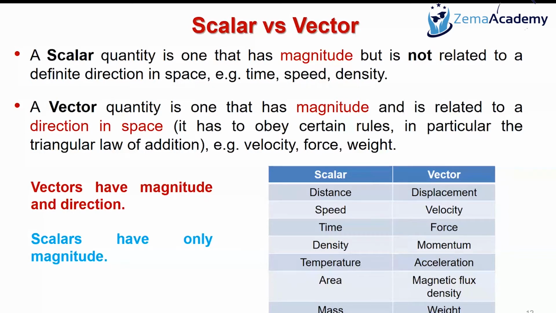Similarly, momentum, acceleration, density, magnetic flux density, and weight are all representing magnitude along with a certain direction.